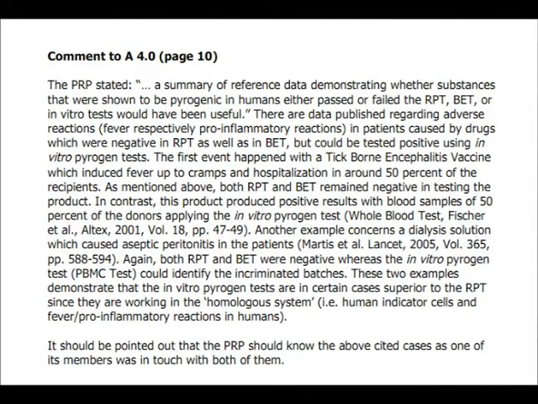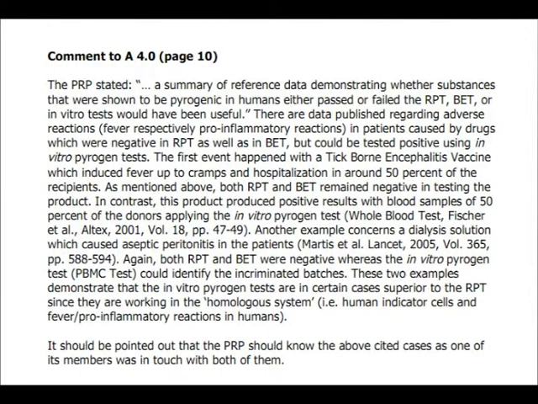The first one, they say, the first event happened with a tick-borne encephalitis vaccine, which induced fever up to cramps and hospitalisation in around 50% of the recipients. As mentioned above, both the rabbit test and the horseshoe crab test remain negative, false negative, in testing the product. In contrast, this product produced positive, true positive, results with blood samples of 50% of the donors applying the in vitro pyrogen test.